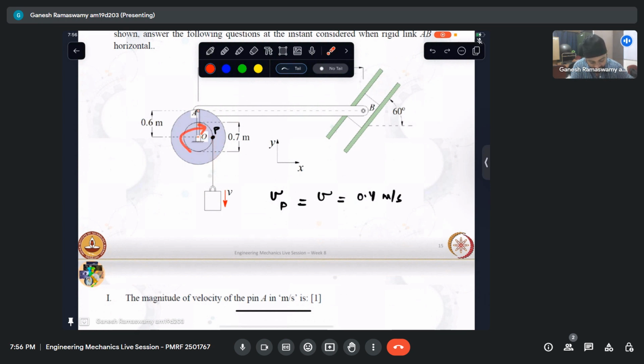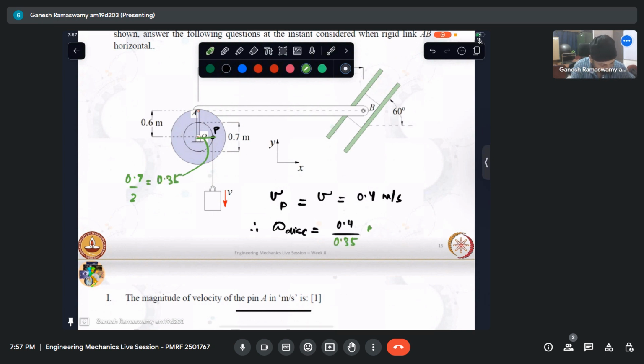So velocity at point A. So therefore, omega of the disk is nothing but 0.4 by what is this distance? This distance is nothing but 0.7 by 2, which is 0.35 radians per second in minus k cap direction.